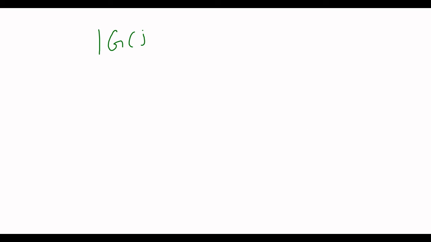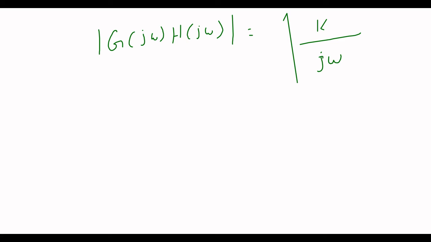We have to take mod of G of j omega H of j omega, which is nothing but equal to mod of k divided by j omega the whole square.